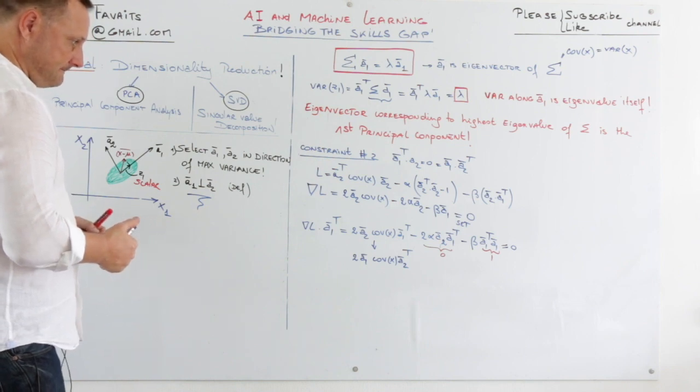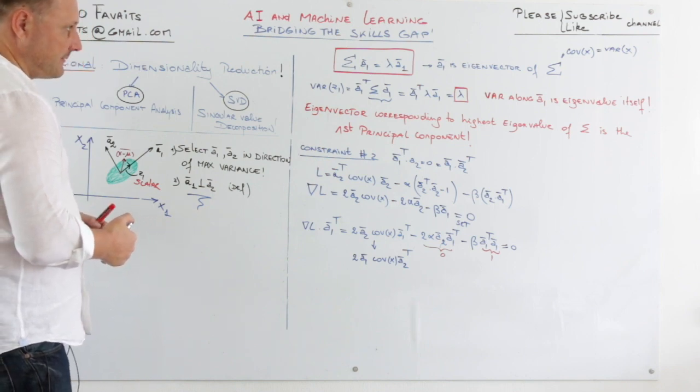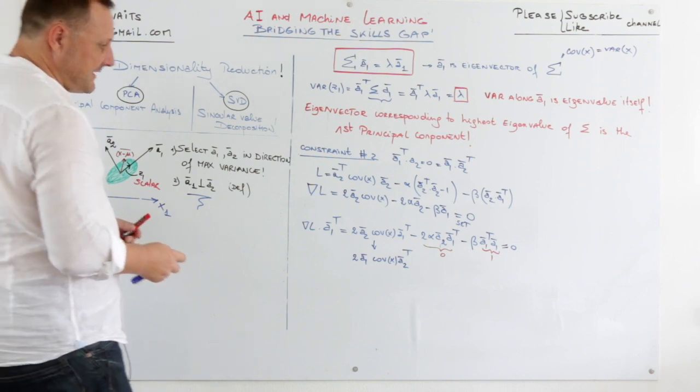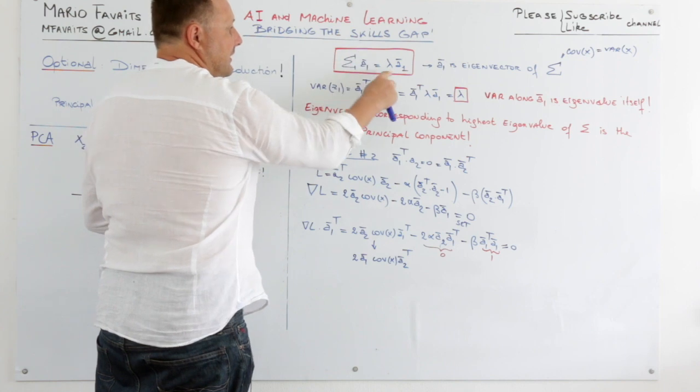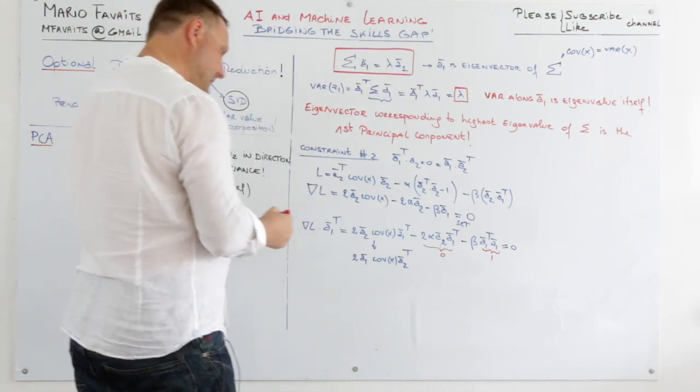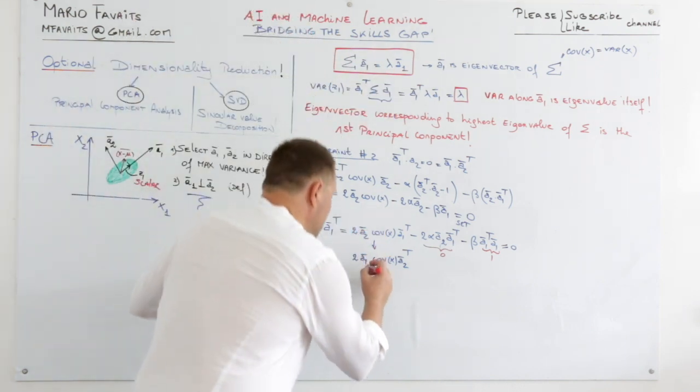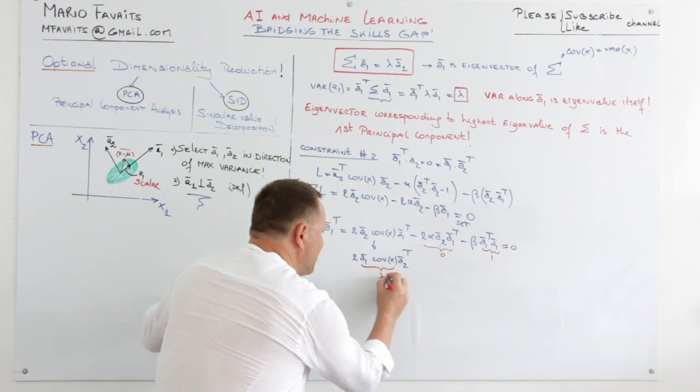So what else I'm gonna do? So I see here I also have A1 covariance X is this one here. So I can replace by lambda A1. This I can replace by lambda A1.